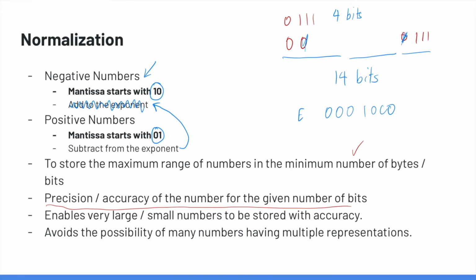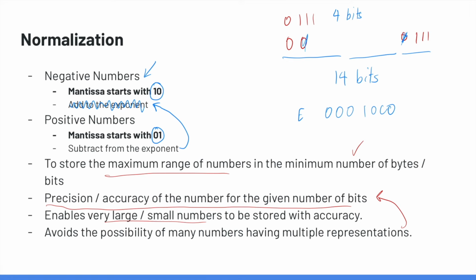So higher precision and accuracy, a greater range of numbers, and the ability to store very large or very small numbers. We can also avoid the possibility of many numbers having multiple representations. So this kind of goes back to having more accuracy. Anyways, that's the gist of normalization.